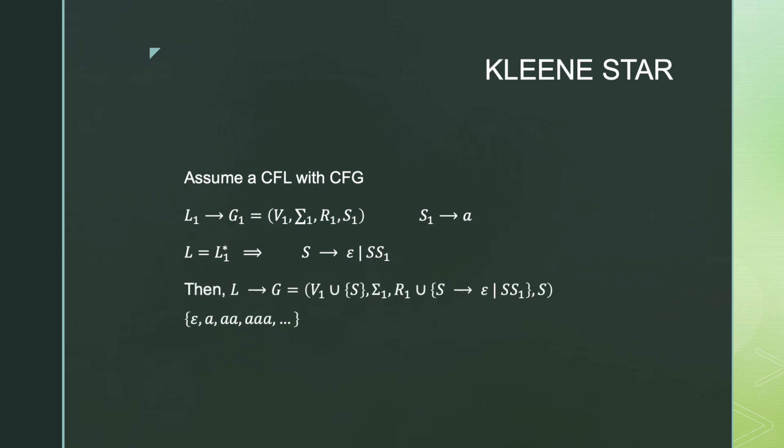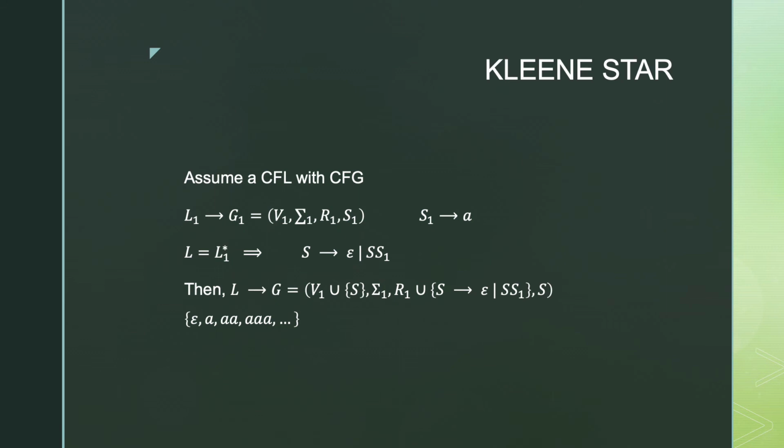So now a new grammar is nothing but V1 union S, sigma 1, R1 union the production rule S produces epsilon or S, S1, and the start symbol, which is an S.